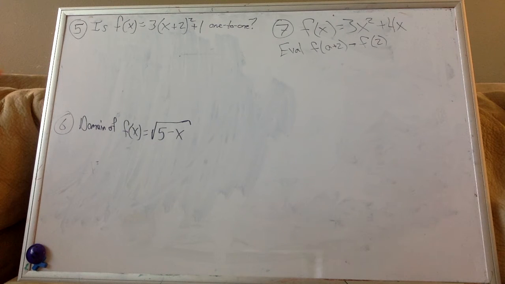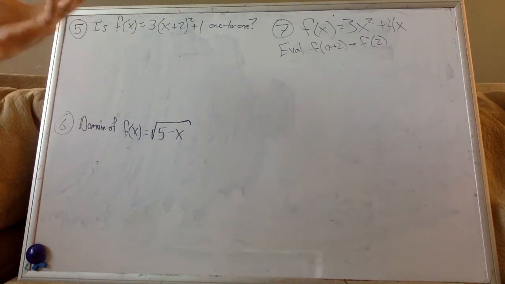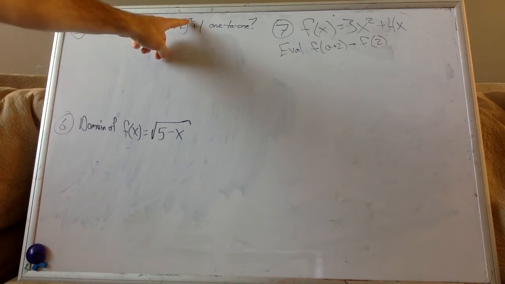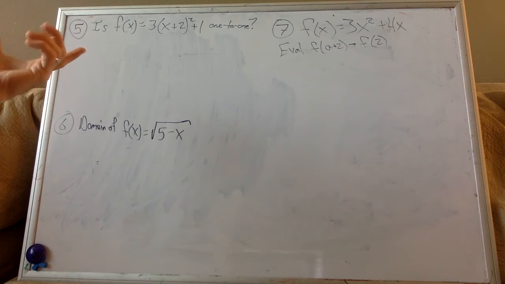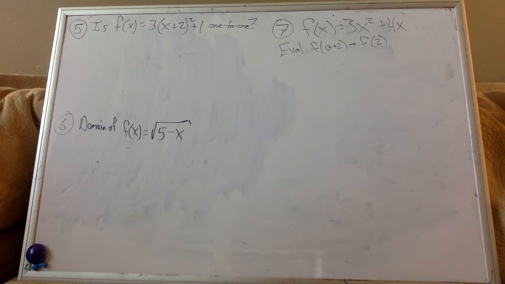So in the first one, we can think about this equation and ask, what is its base shape? Notice that the x is being squared, so the degree of the polynomial is 2. So we have a parabola, open up. So we already know that a parabola fails the horizontal line test, so it's not one-to-one.